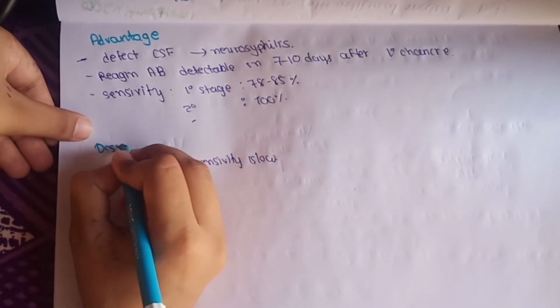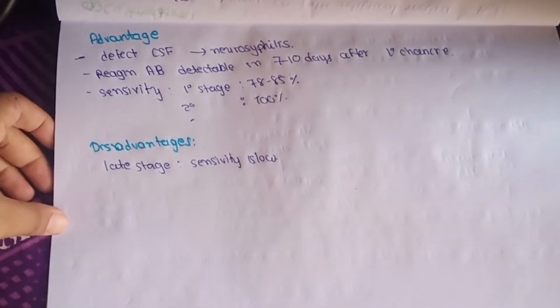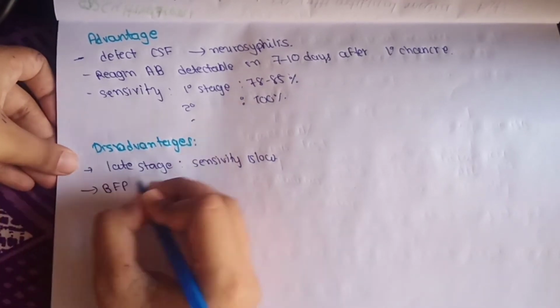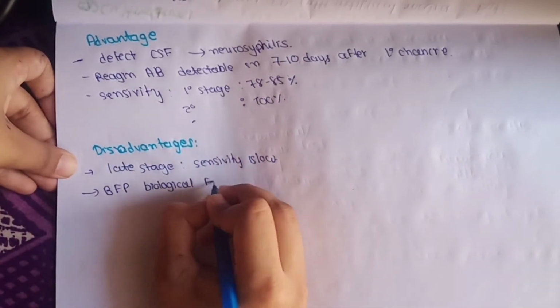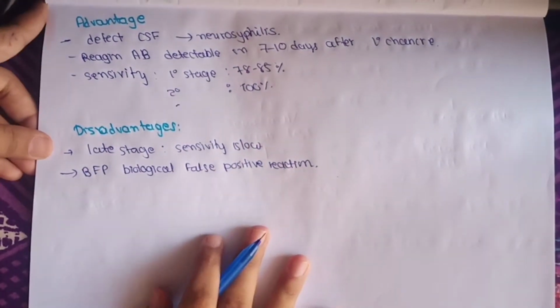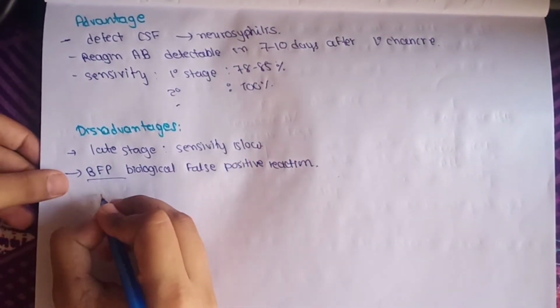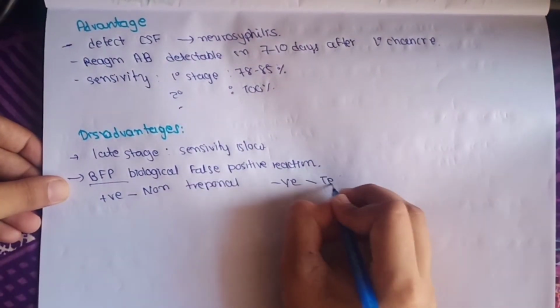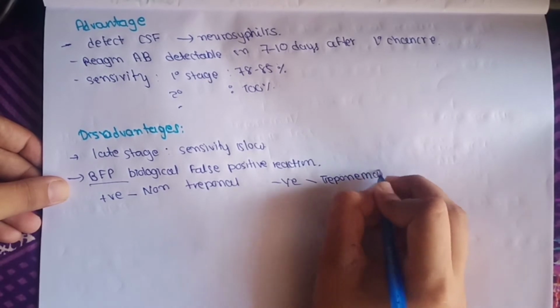And here we start the disadvantages. First, the sensitivity is low, and second, it gives biological false positive reactions. It means that it gives a positive non-treponemal test and a negative treponemal test. Why this?